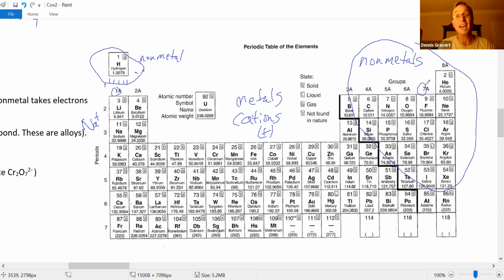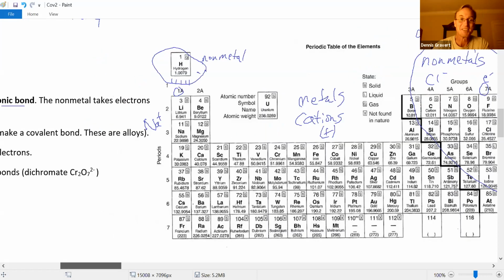Has 7, wants 8. So pick up an electron. Electrons are negative. So if you get an extra electron, that makes the atom negative, or an anion. Oh yeah, we had the other video, the anion looks like onion, that makes you cry, that's negative. Cations, meow, are positively positive.